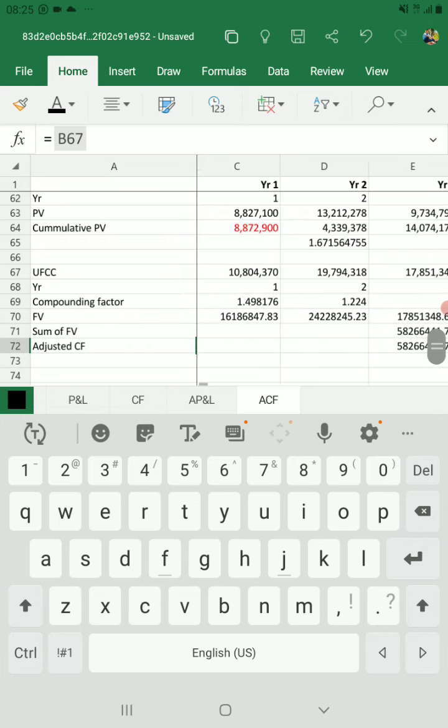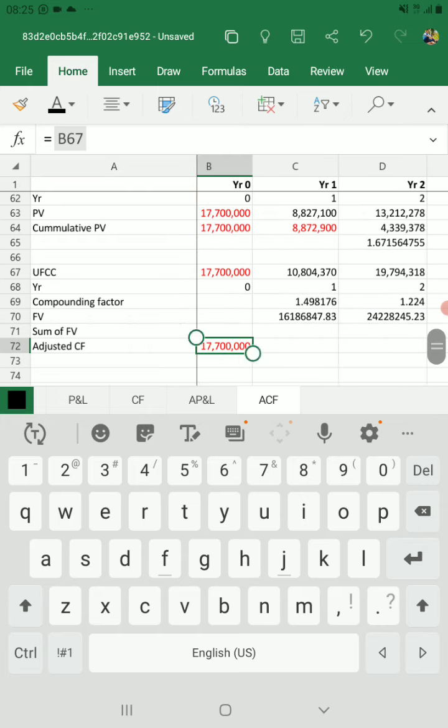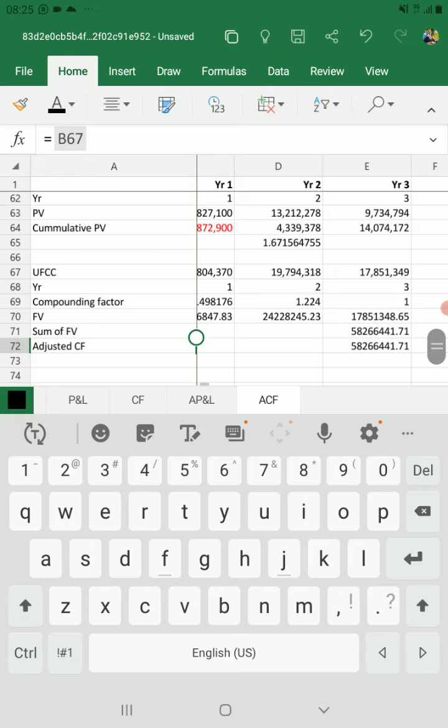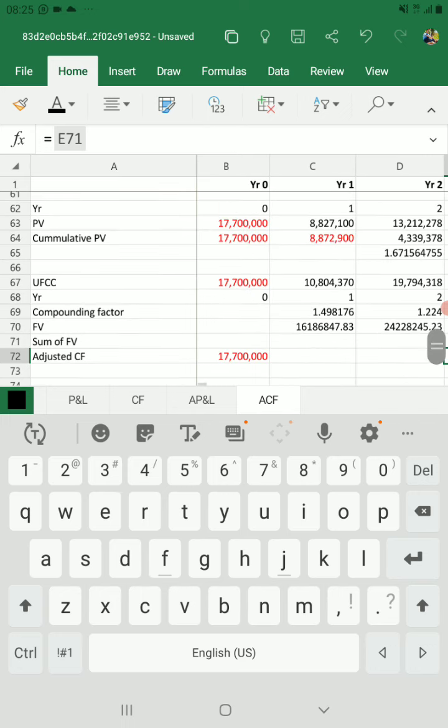We only have positive cash flow. So the first initial outlay in year 0 is the one that remained. And another occurrence is the sum of the future values, expected future values. So we only have 2 points.